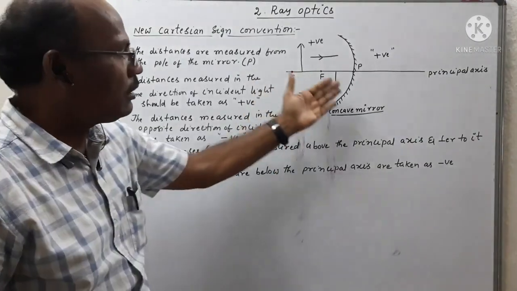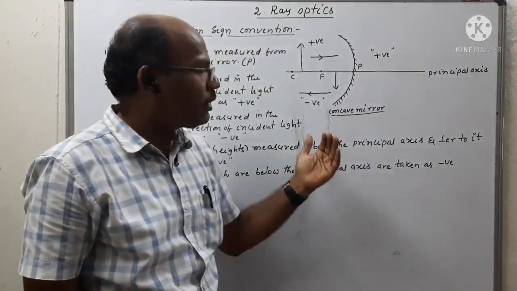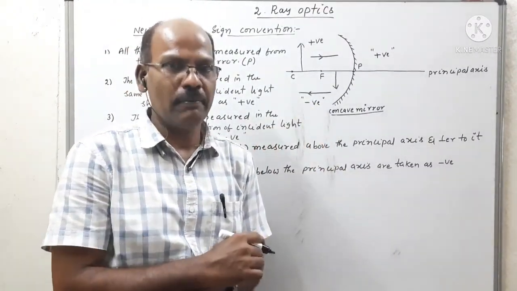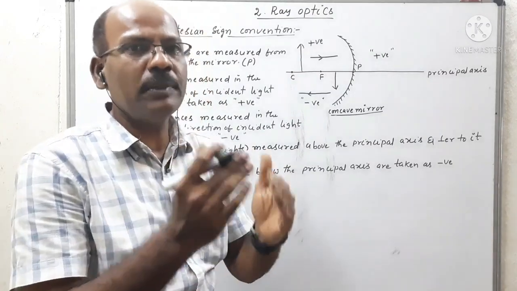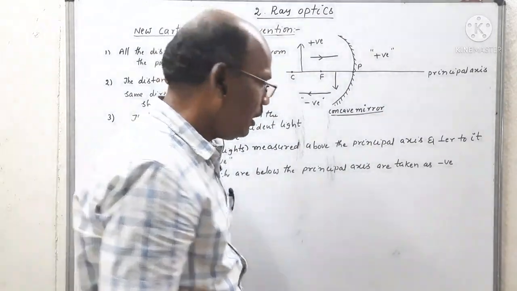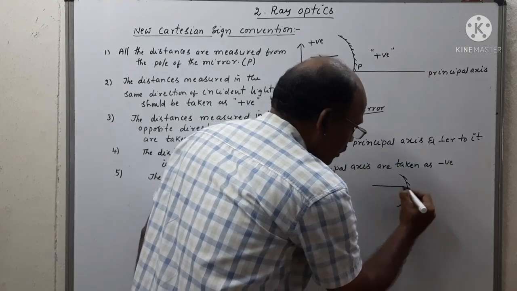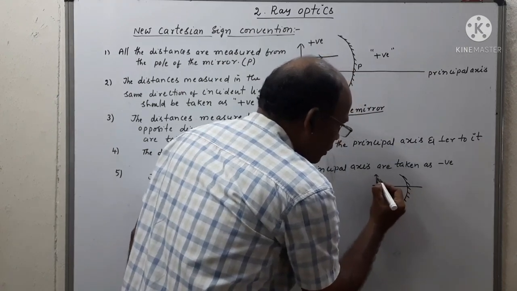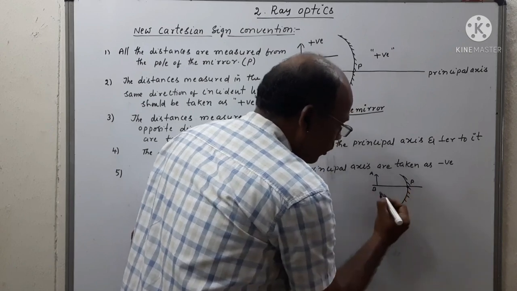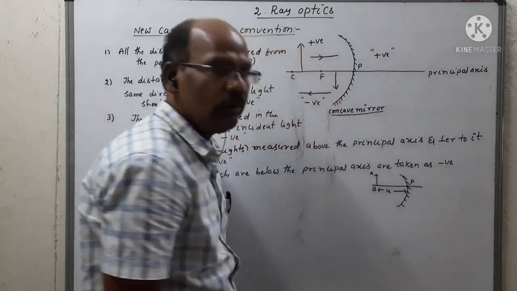Suppose if you observe, if the object lies in front of the concave mirror, then in order to measure the object distance from the pole of the given concave mirror, this is the position of an extended object from the pole.